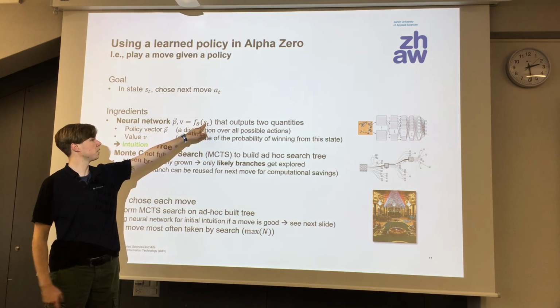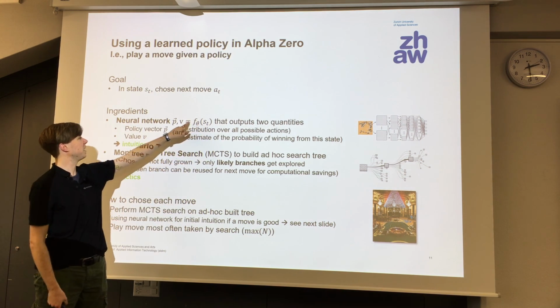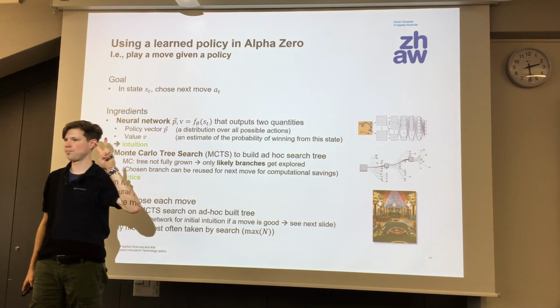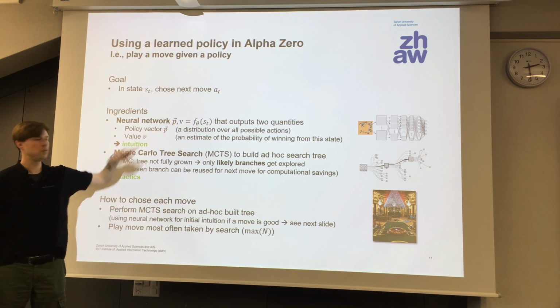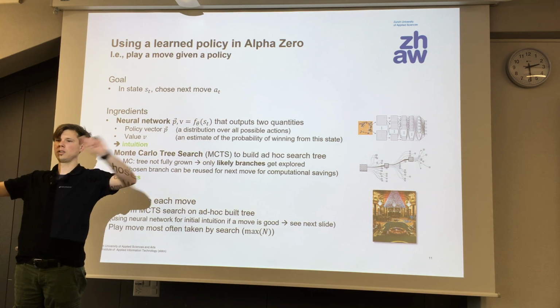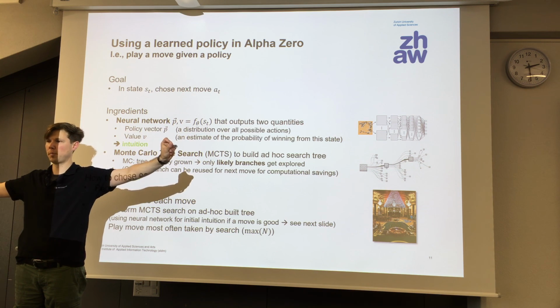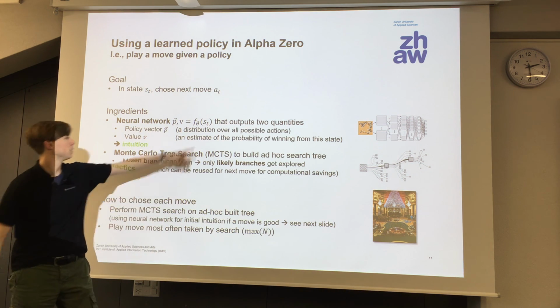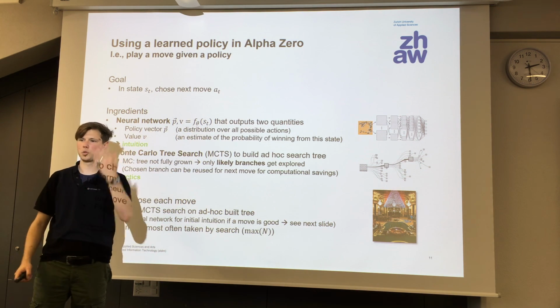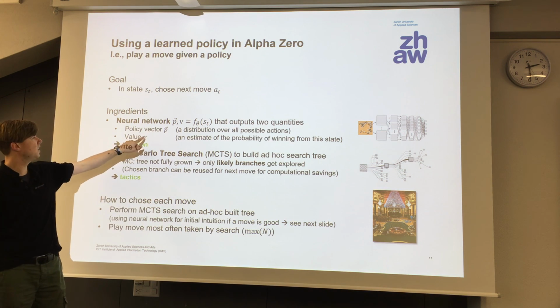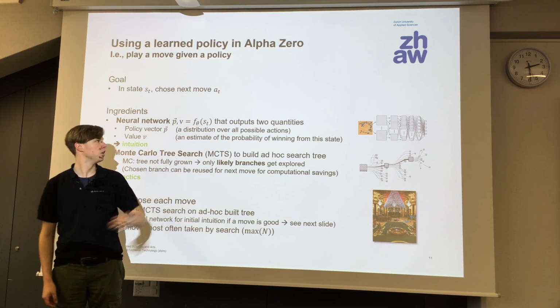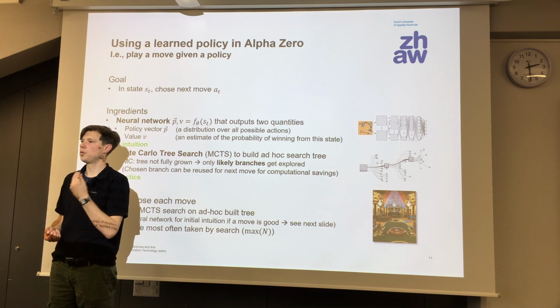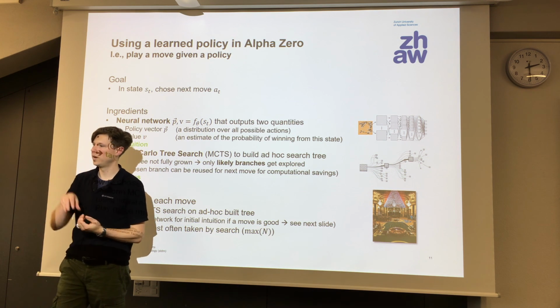It takes as input the state, and it outputs two things. This p vector is a distribution about all possible actions, probability per action in that state, like which one should they choose. And v is called the value of the state. That is the probability of winning when I am in that state.